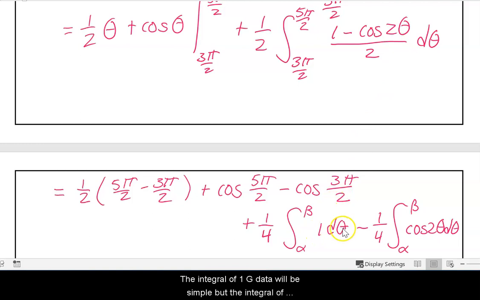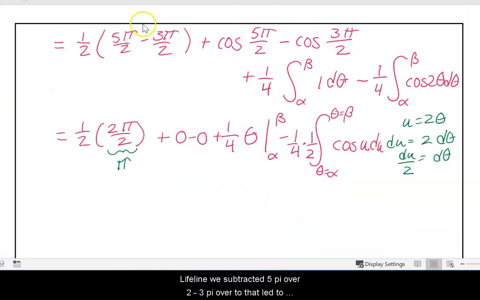The integral of 1 d theta will be simple, but the integral of cosine 2 theta d theta will require U substitution. You'll notice that I've abbreviated writing the 3 pi over 2 and 5 pi over 2 by writing alpha and beta instead. This is okay, as it can get a little onerous to keep writing them over and over. Let's look at the next line.